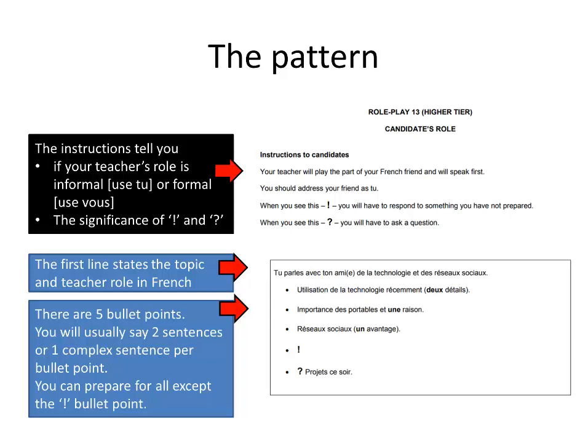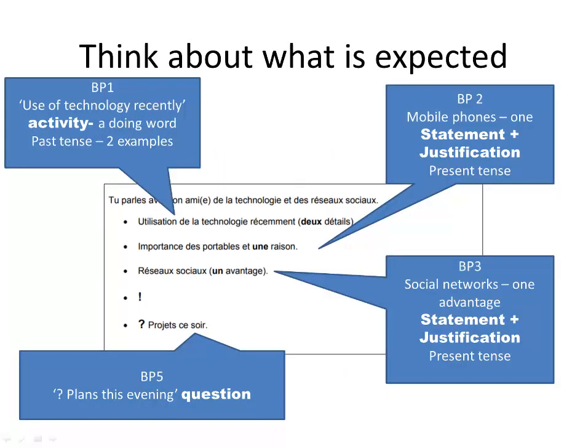So let's look a bit more closely at these questions. And the first stage really is to think about what are they expecting. So this process will go quite quickly through your head when you come to do the exam, but let's take time now to think about what each bit needs.